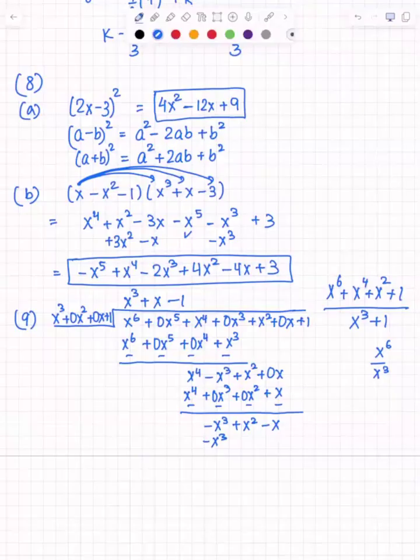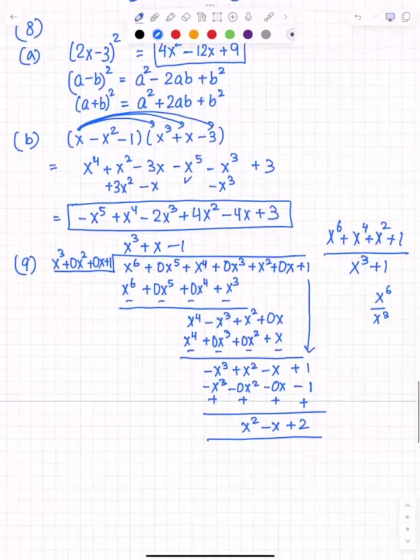So minus x cubed minus 0x squared minus 0x minus 1. From here, I could bring that 1 down. Okay, this 1 was still there. Change the signs. Add. x cubed minus x cubed is gone. Here we have x squared minus x plus 2.